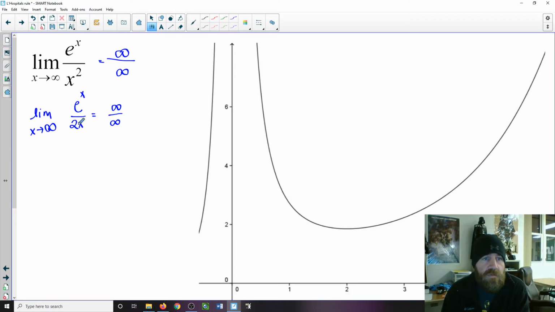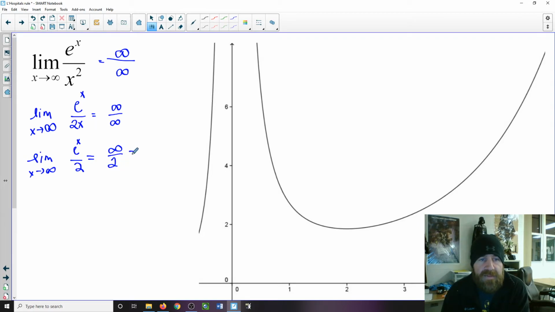So we can go ahead and take the derivative again, derivative of the top and derivative of the bottom. We know the derivative of e to the x is e to the x, and the derivative of the bottom is going to be 2. So we get e to the infinity, which is infinity, over 2.